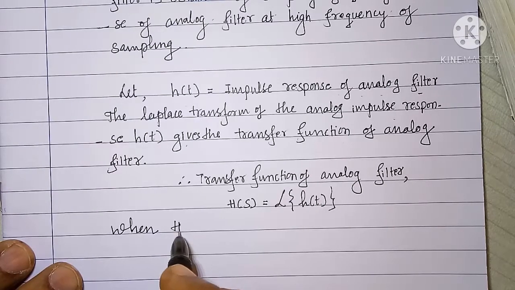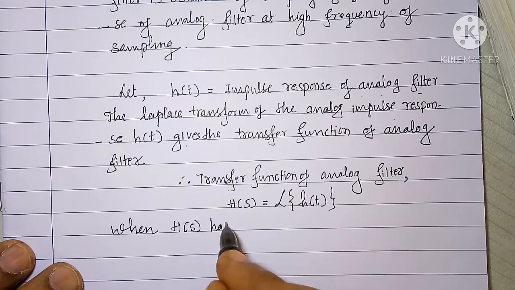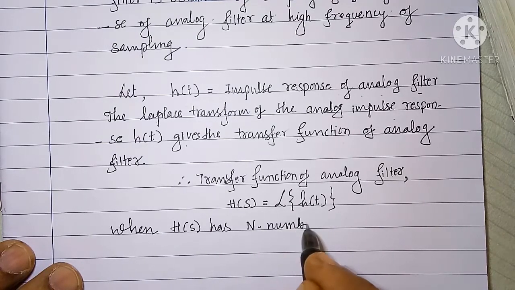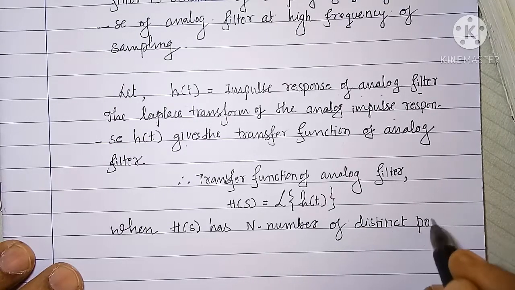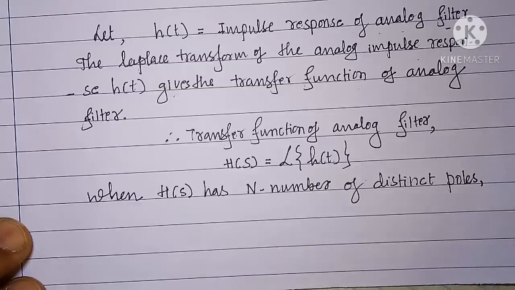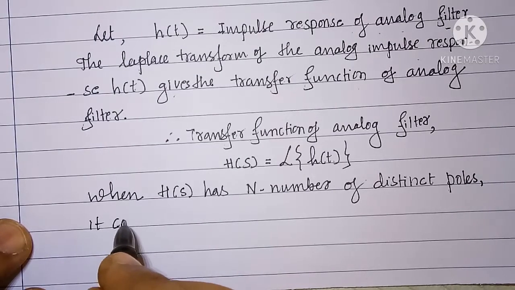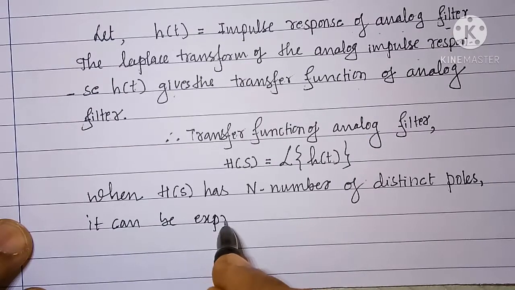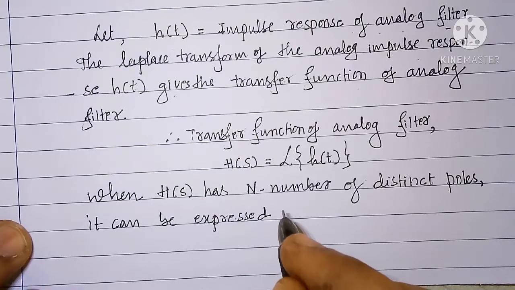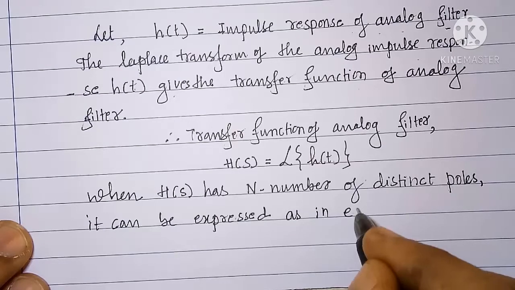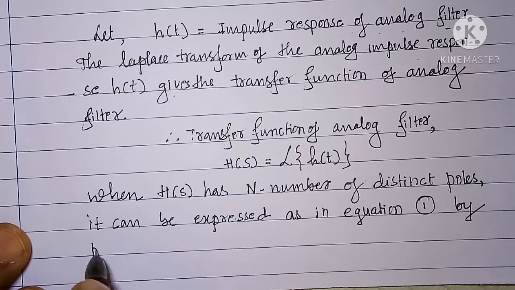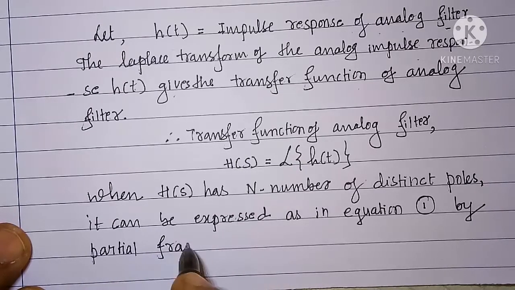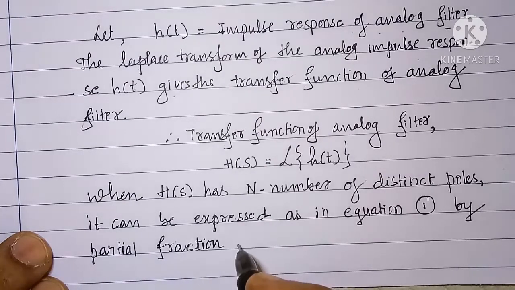When H of s has n number of distinct poles, it can be expressed as in equation 1 by partial fraction expansion.